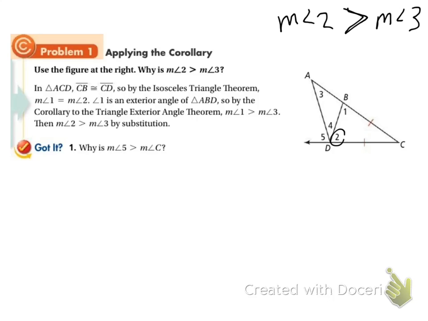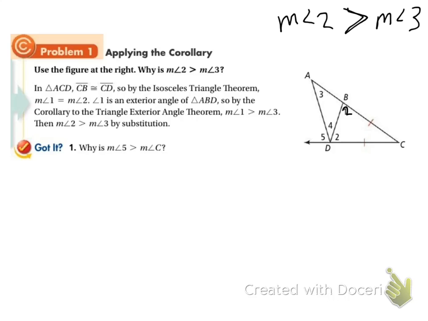Well, this here is not an exterior angle right now. But if I look at this triangle here, it has two sides congruent. That is an isosceles triangle. And that means if the legs are congruent, my base angles are congruent. So this angle down here is 2. That means that this is also angle 2. They're the same, they're congruent.